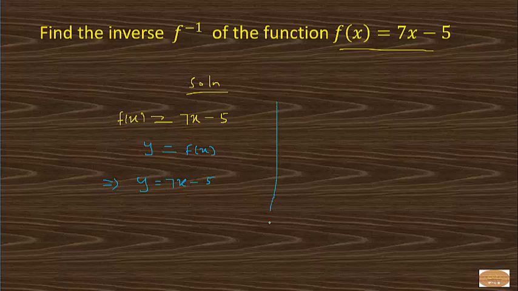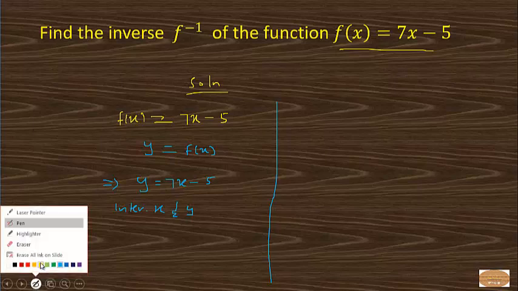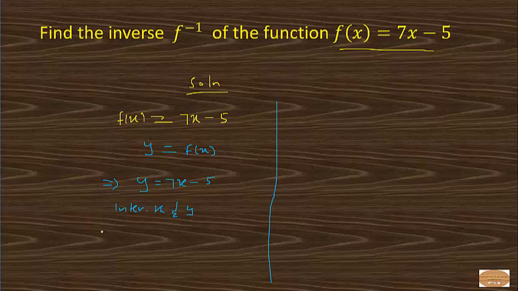Okay. So the next thing to do is interchange x and y, their positions. So it means where you see y, you make it x, and where you see x, make it y.